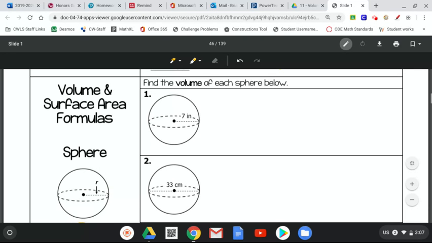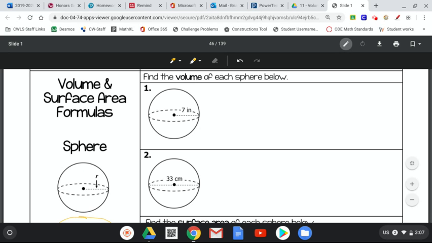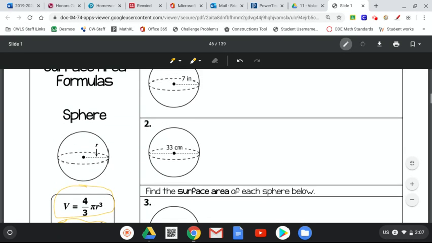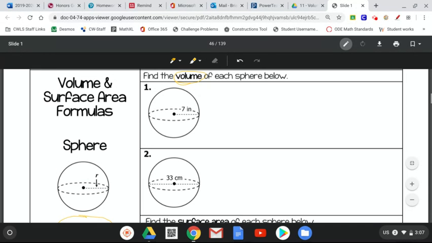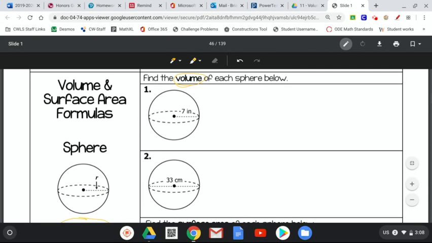So we have to find the volume of the sphere right here. The volume formula is 4/3 pi r cubed, because it's volume, so it's going to be pi r cubed. So volume equals 4/3 pi r cubed.